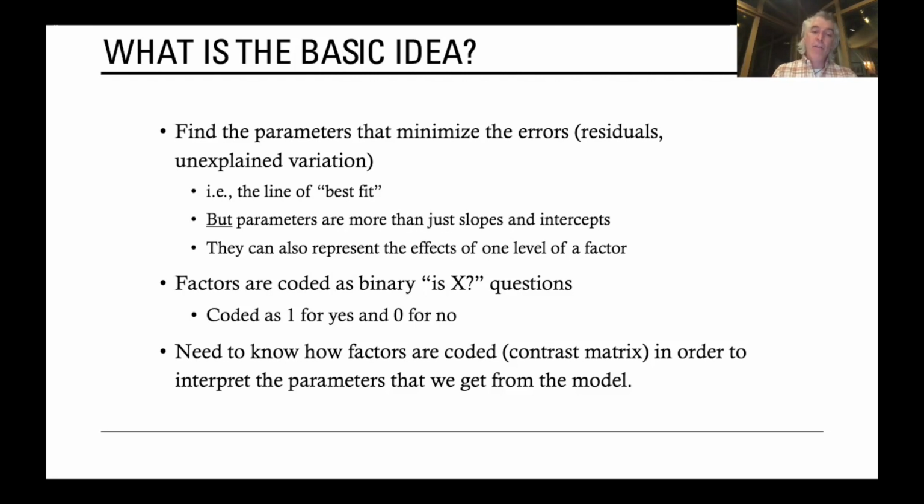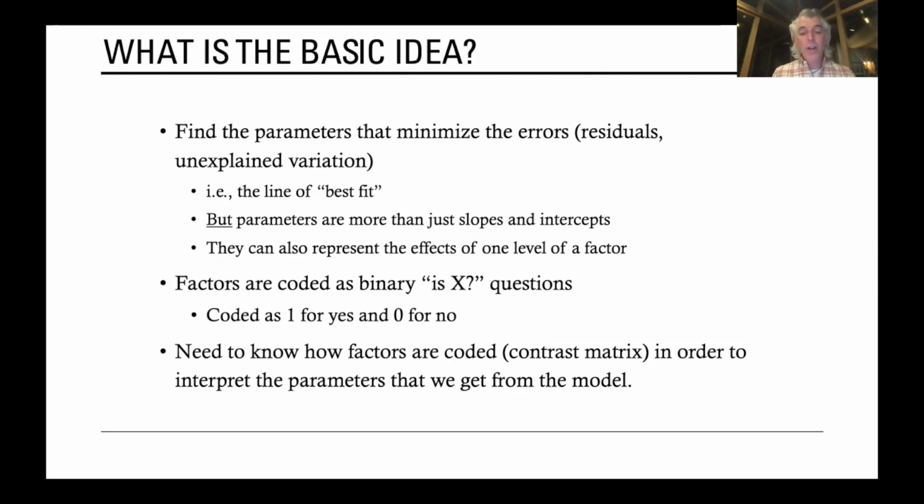And we can therefore code these factors as a series of binary yes or no questions about whether a particular observation belongs to a particular level in that categorical predictor. In order to interpret what our parameters mean, we need to know how our factors are being coded by the statistical package that we're using.